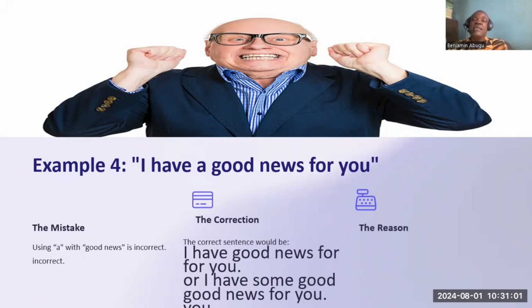And the reason is this. News is an uncountable noun, and you cannot use a or an with an uncountable noun. Okay? So if you cannot count it, do not use a or an with it. So that's basically the reason.